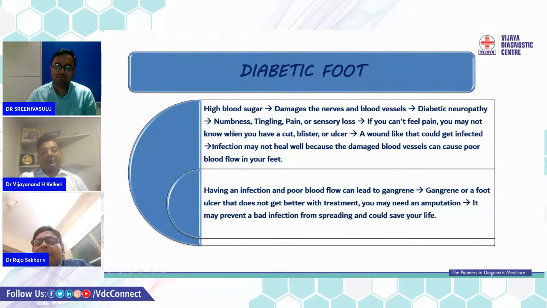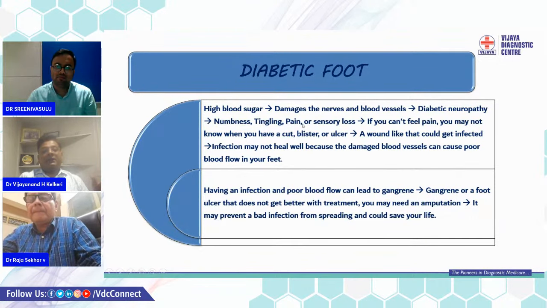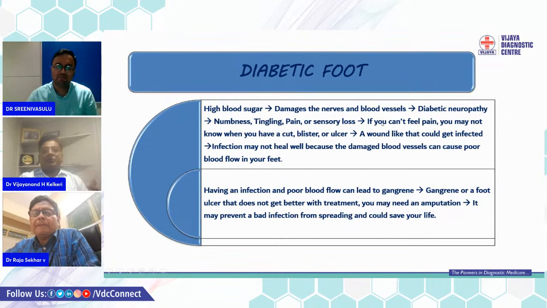Again, that leads to numbness, tingling of the foot, and there is also pain or sensory loss. Because of the sensory loss, they may injure the leg and they won't feel the pain, and the person can have a cut or a blister or an ulcer, which will further get infected, and this infection will not heal because of the damaged blood vessels, because of the poor flow into the foot.